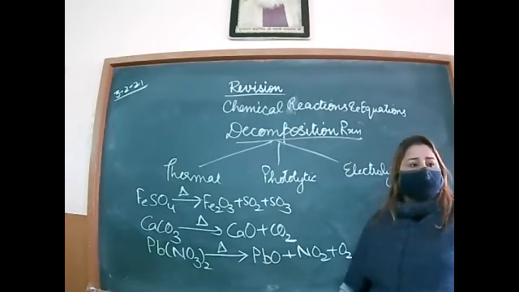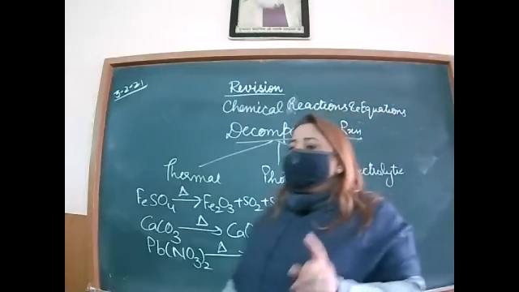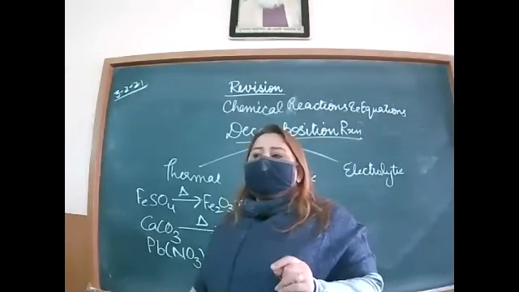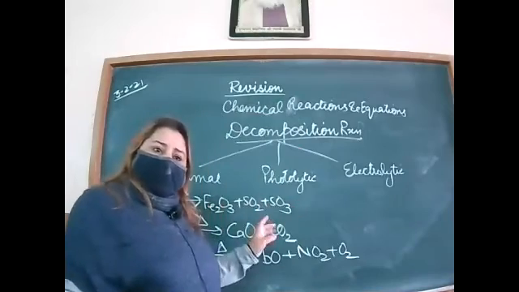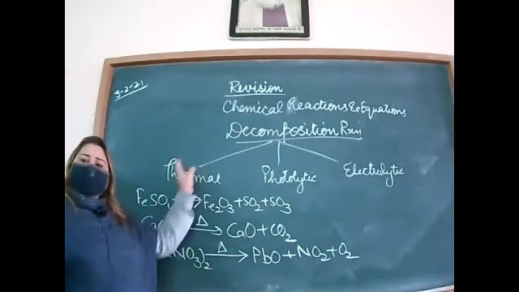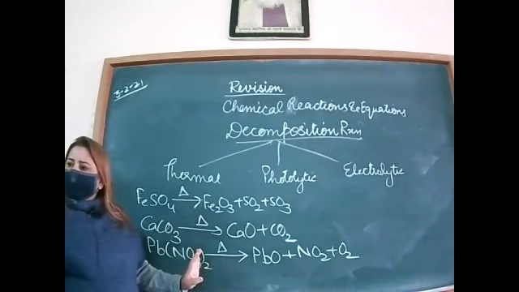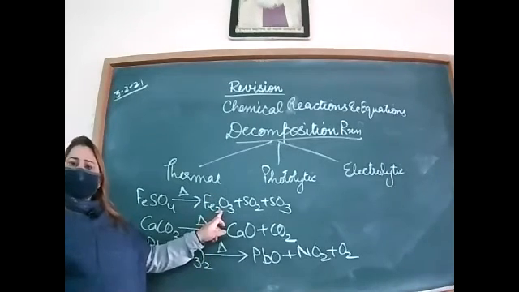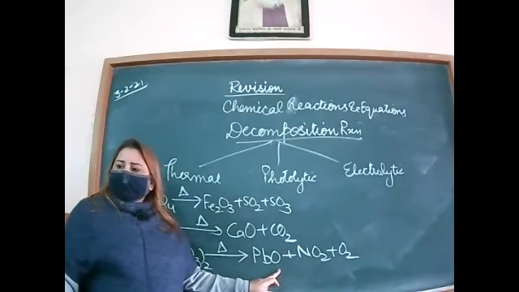And lead oxide, you saw this also, right? Lead oxide is yellowish in color and nitrogen dioxide is brown fumes. Is it clear? Right? 1, 2, 3. 3 equations are given in your book under this category, that is thermal decomposition. Clear, children? Here also brown fumes, yellow precipitate.